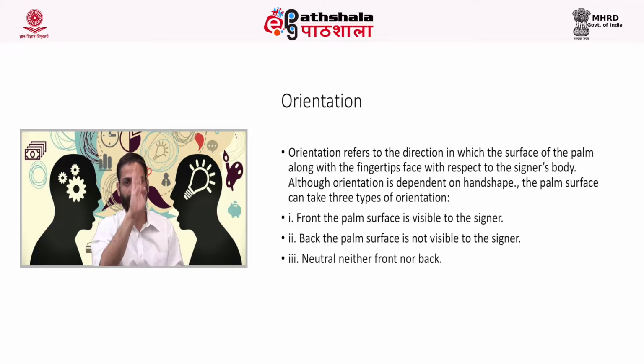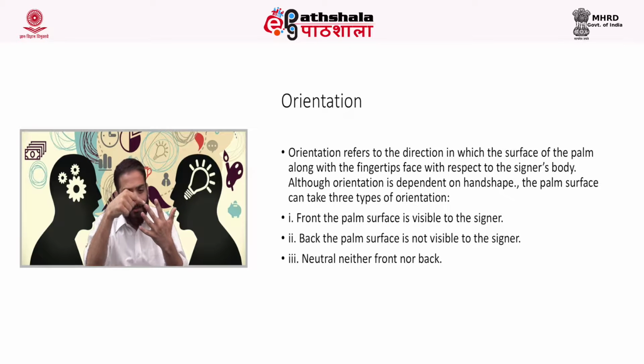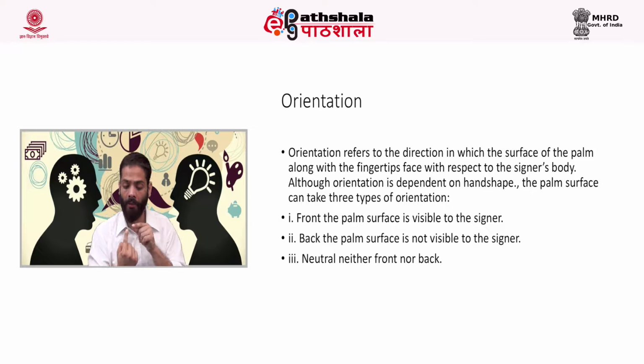Now we'll talk about orientation. Orientation refers to the direction in which the surface of the palm along with the fingertips face with respect to the signer's body. Although orientation is dependent on hand shape, the palm surface can take three types of orientation.